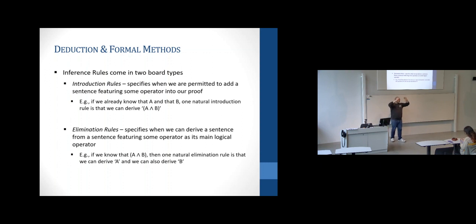So from A conjunction B, you can eliminate or extract or exploit to get A. Or you could do the same and get B. It's basically extracting the parts, seeing what follows. Again, don't worry too much about these, but introduction rules give us new complex sentences featuring an operator. Elimination rules tell us how we can use sentences featuring an operator.